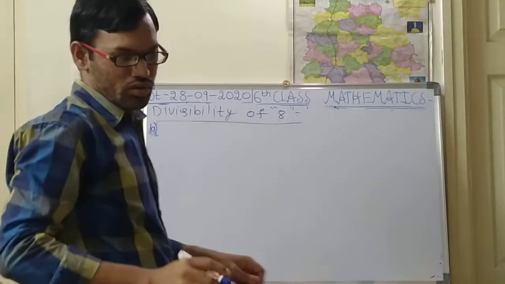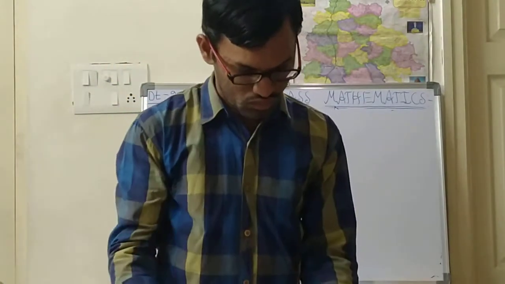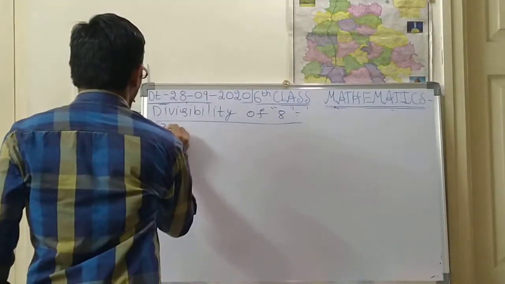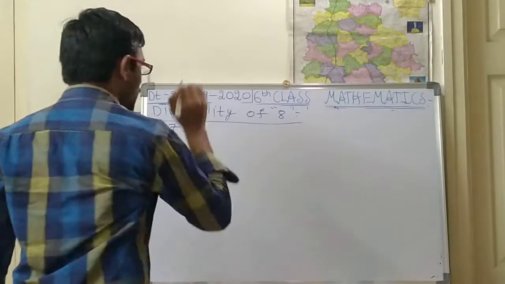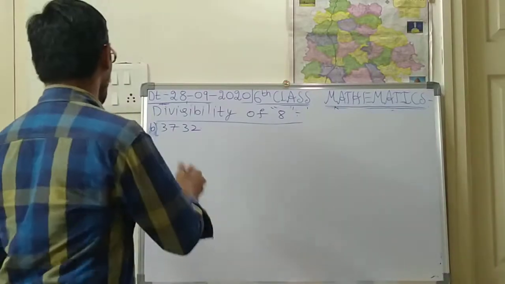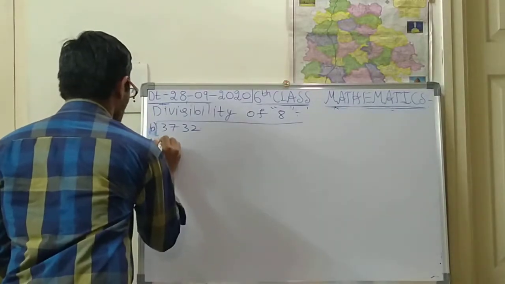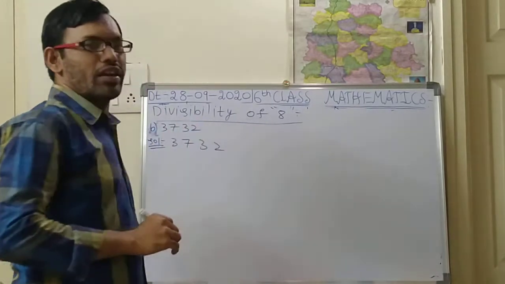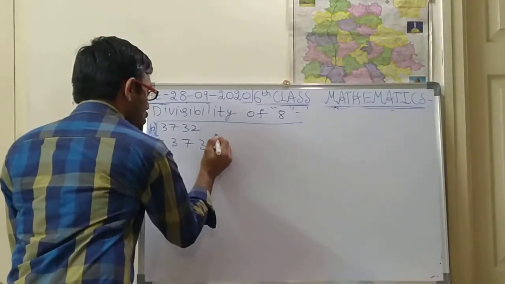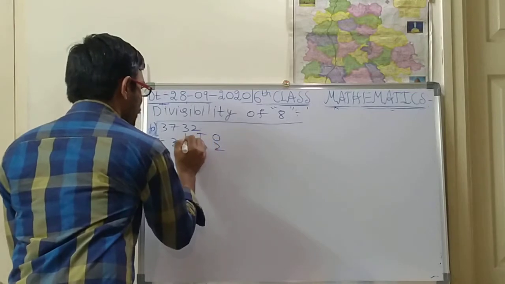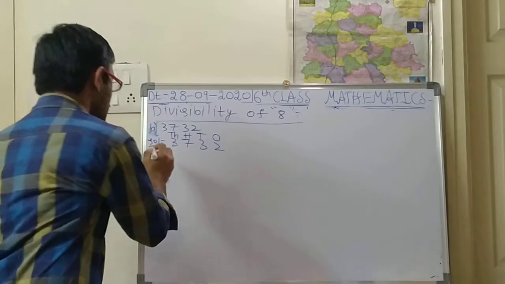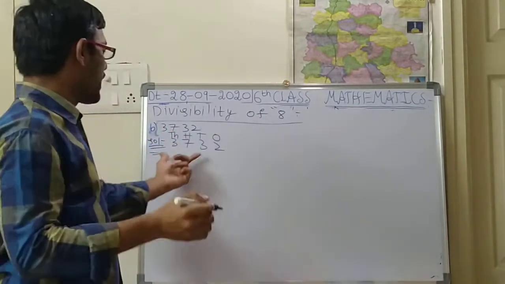B problem. What is the B problem? 3732. Okay, 3732 I am giving. So first solution. So the first step is as usual 3732. Okay, writing the same question. So here first you are supposed to write the place names: ones, tens, hundreds, thousands, and the second step is expanding this number.